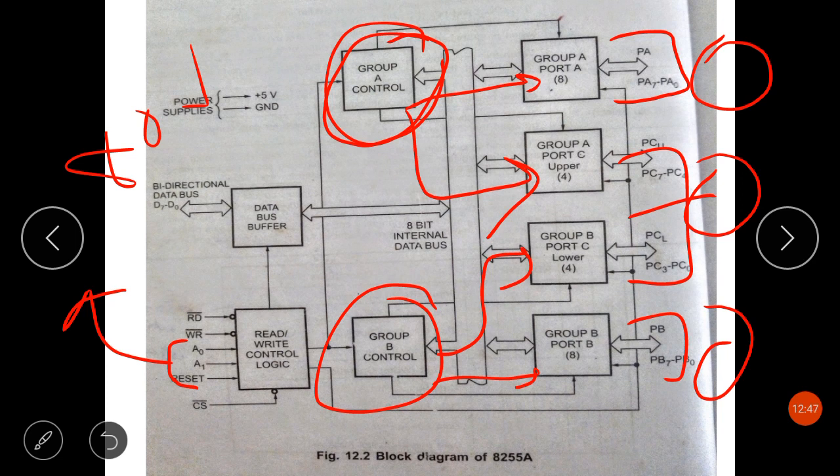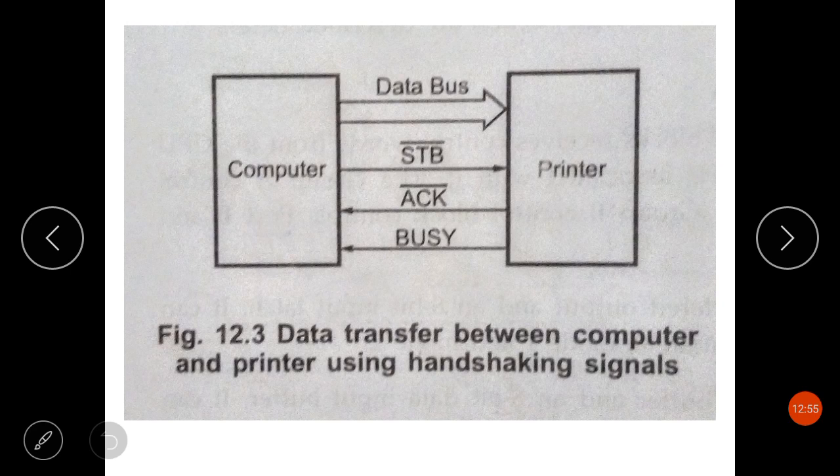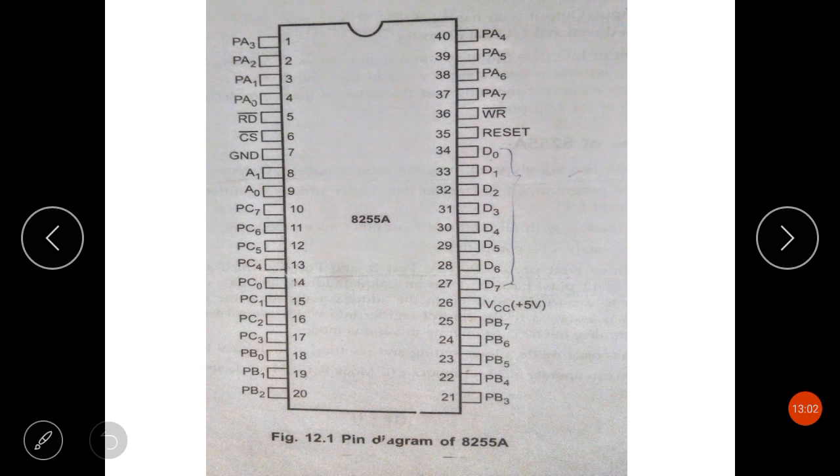Now talking about the operating modes of 8255, it has 2 operating modes: bit set or reset mode and input output mode.